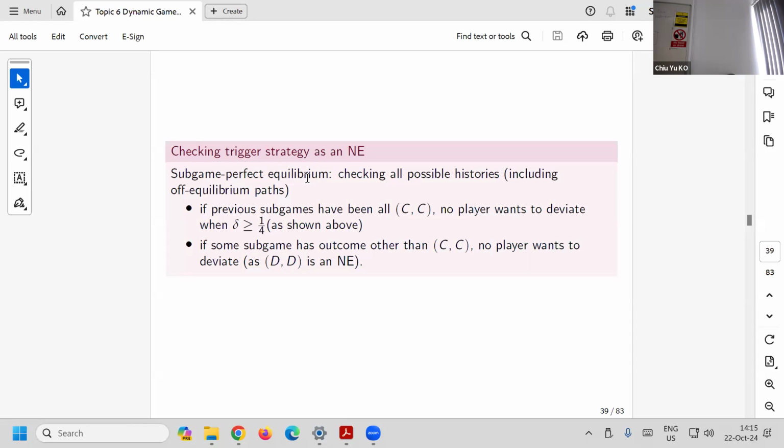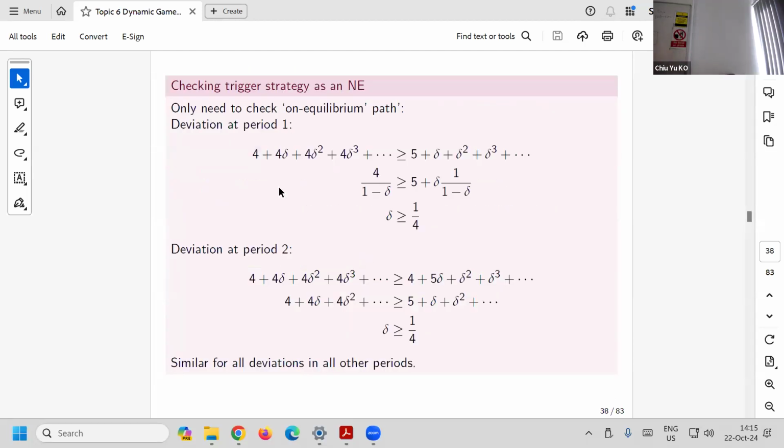And if we have an outcome other than CC, then the equilibrium dictates DD, which is a Nash equilibrium, which we don't need to check because it's a Nash equilibrium already. So as long as delta is more than 1/4, this is a subgame perfect Nash equilibrium. Do note that checking the Nash equilibrium and the subgame perfect Nash equilibrium are different.